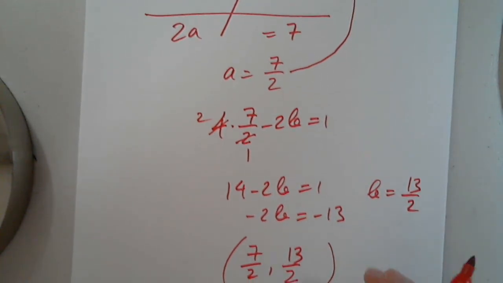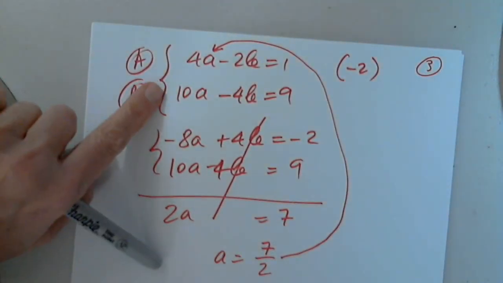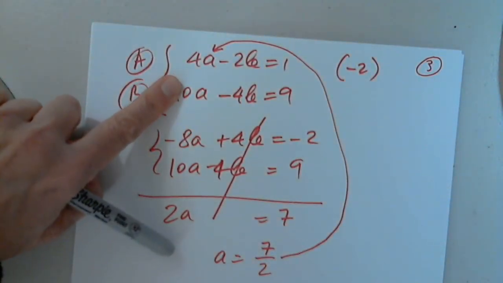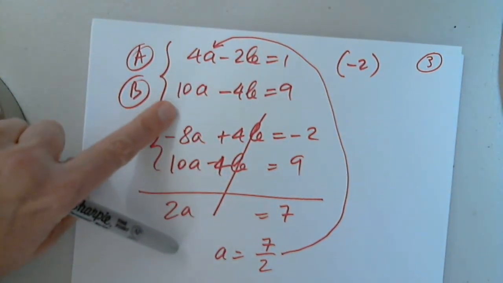Not good enough. I'd like to move on, but not good enough. I must check in both equations to make sure that there is no mistake. So 7 times 4, that is indeed 14. Minus 13 is 1. I'm going to check anyway.